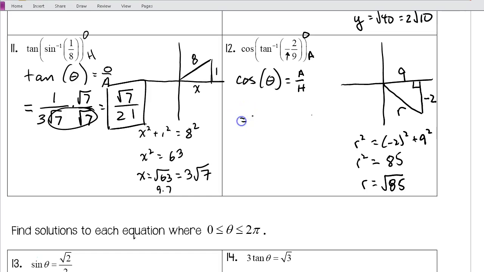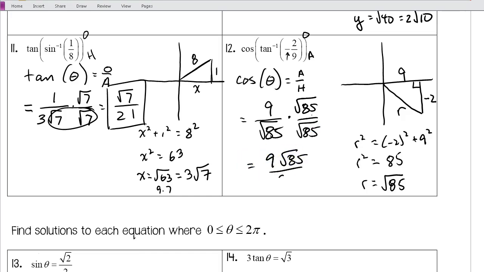So now the cosine is going to be the adjacent, which was 9 over the hypotenuse, which is square root of 85. And then we'll just rationalize. And we get 9 root 85 over 85.